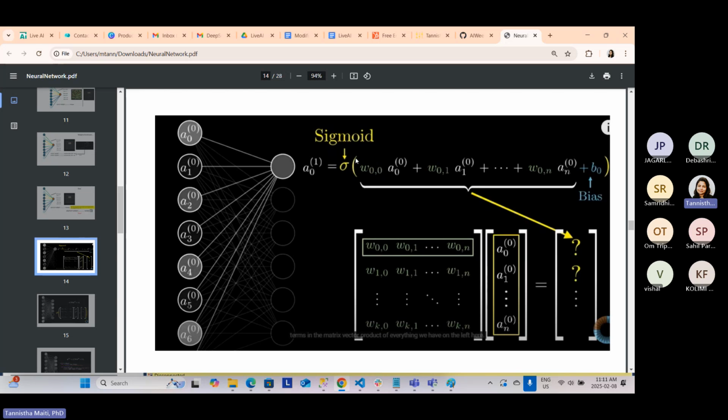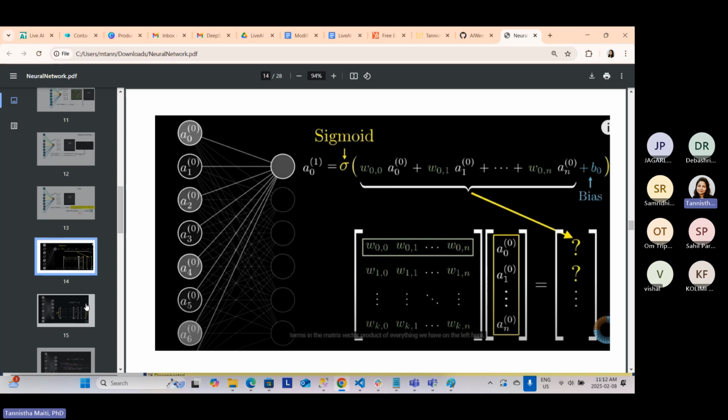So then you can arrange the weights and, sorry, the activation functions of the input layers accordingly with the bias, and multiply it with the sigmoid function. You have actually scaled the values between 0 and 1.